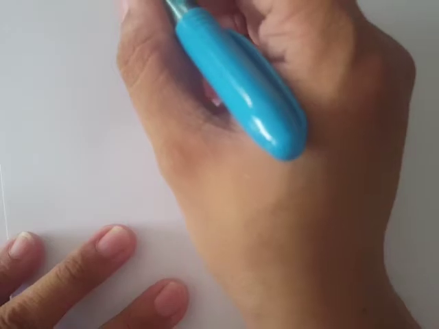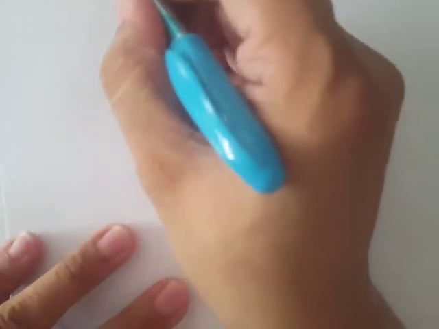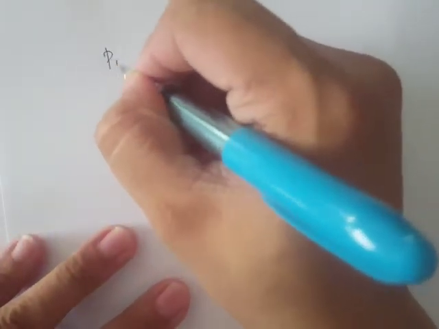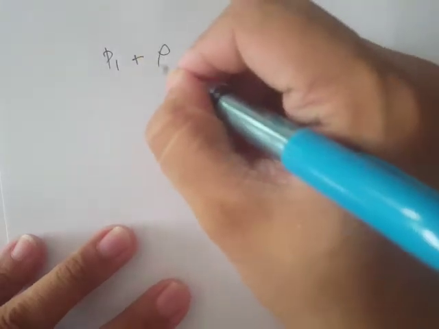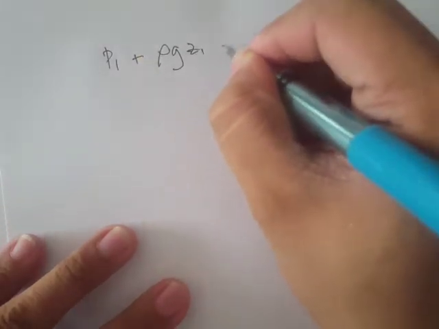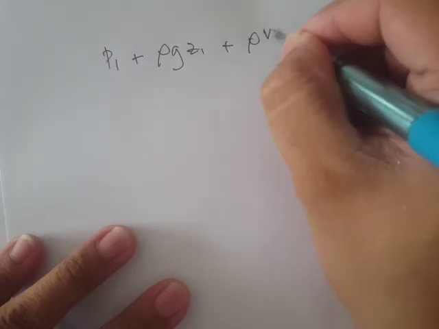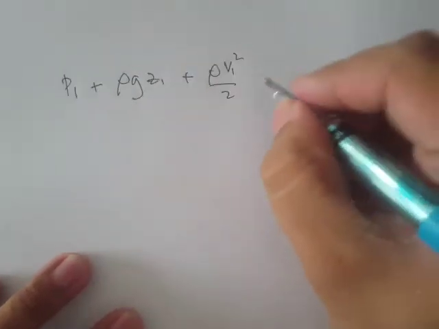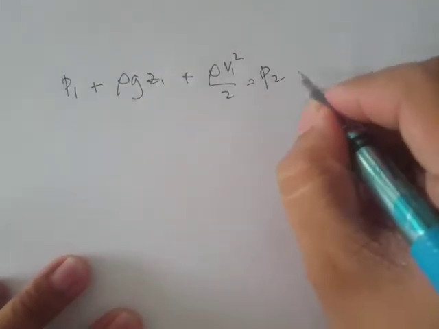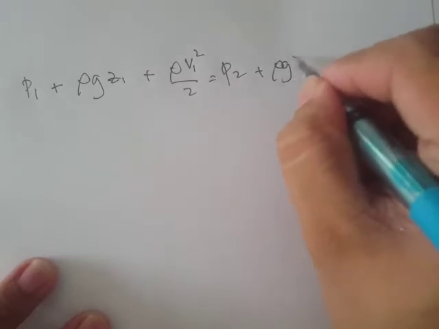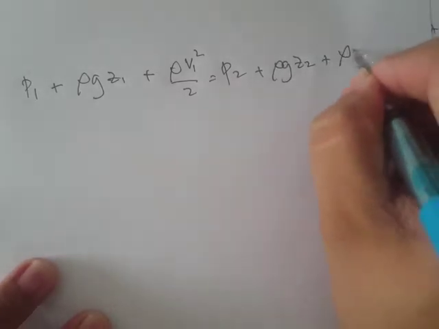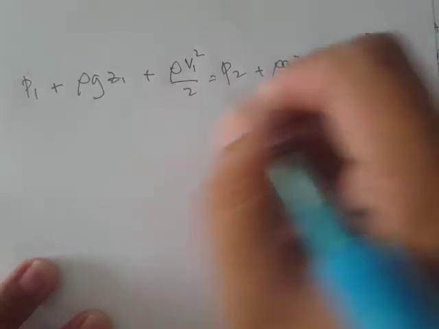What we want is the unit of pressure, so we have to multiply both sides by the density rho. If we multiply that, we get P1 plus rho g Z1 plus rho V1 squared over 2 is equal to P sub 2 plus rho g Z sub 2 plus rho V sub 2 squared over 2.